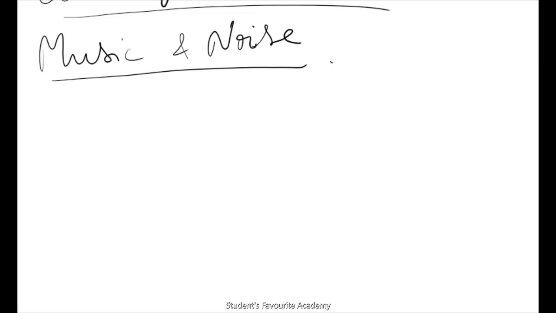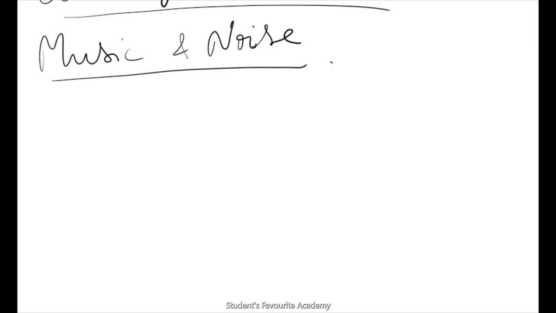Noise, the sound other than musical sound, is called noise. It is a sound produced by irregular succession of disturbances. It is usually a discontinuous sound. It is discordant and unpleasant to the ears. So, that is the difference between music and noise. Music is regular, smooth, pleasant to the ears, whereas noise is harsh, discordant, and unpleasant to the ear.